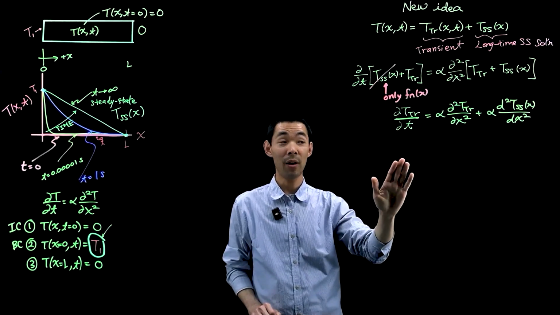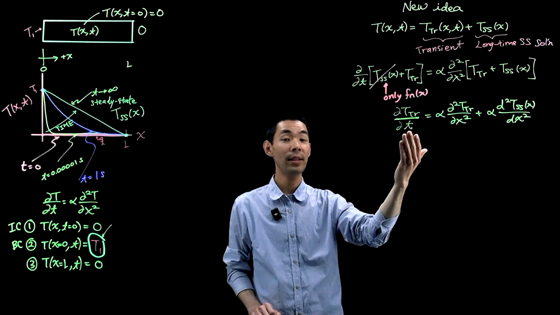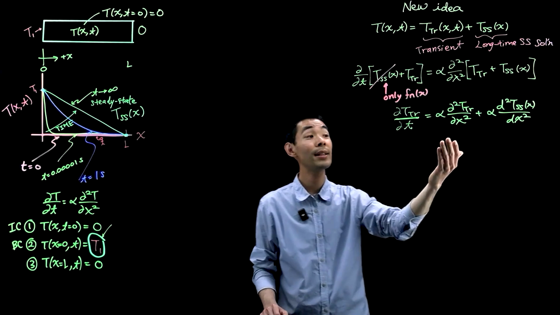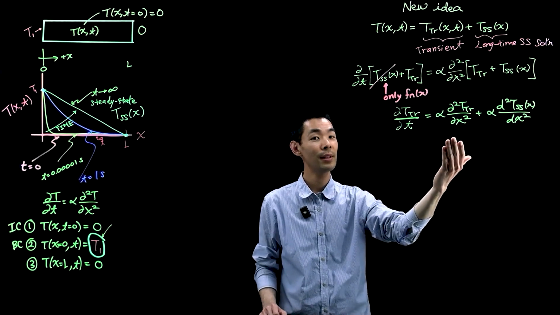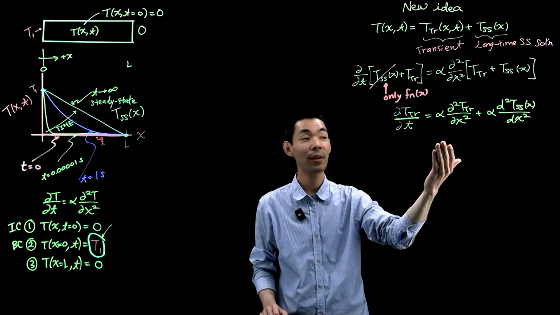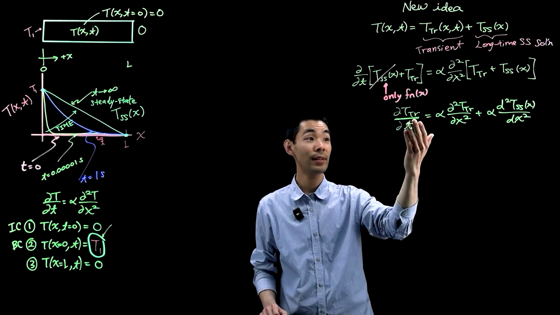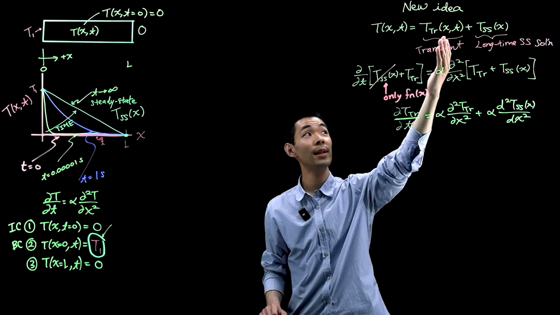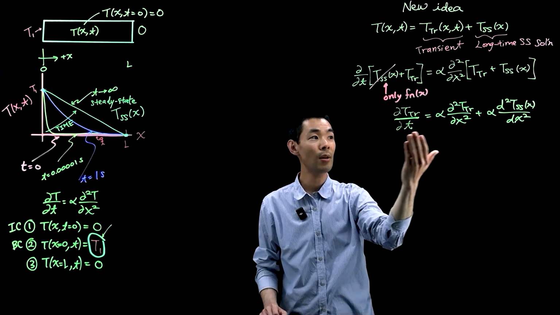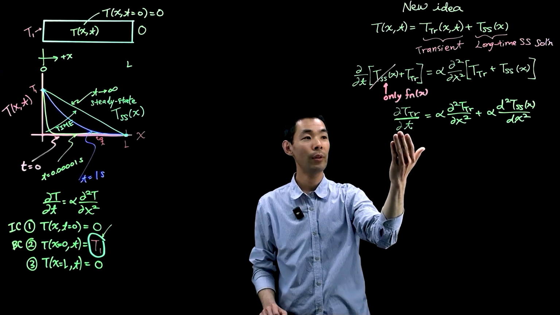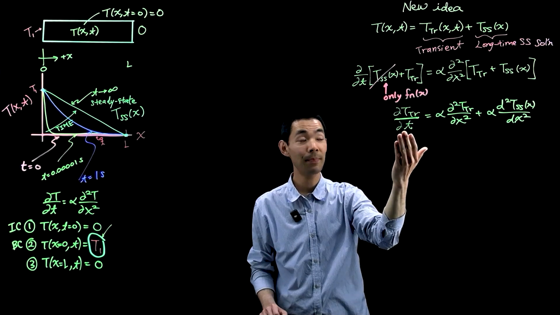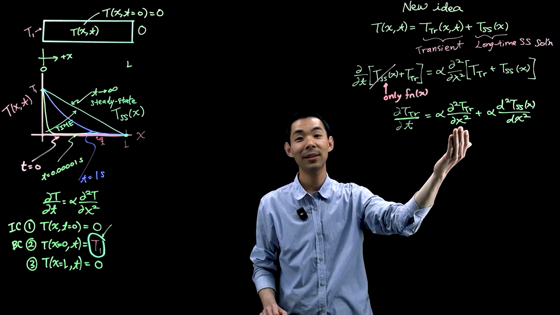Just simplifying now. Left-hand side has the T transient time derivative. Right-hand side, we have the space derivative, second derivative with respect to x, of the transient part and the steady state solution. Now remember, this T transient is a function of position and time. And therefore, these are both partial derivatives with respect to time t, with respect to position x.